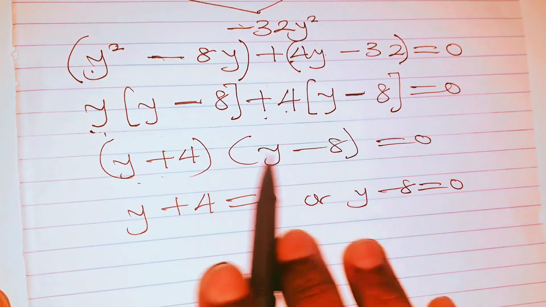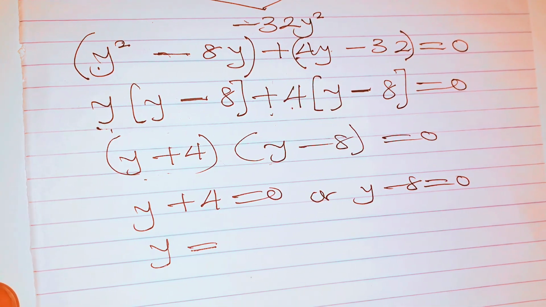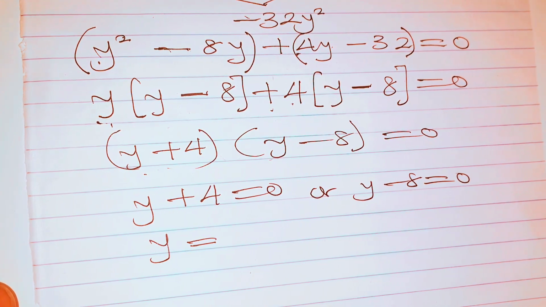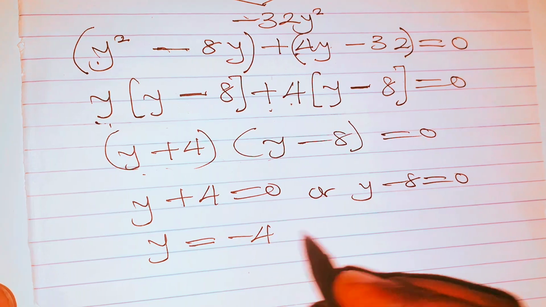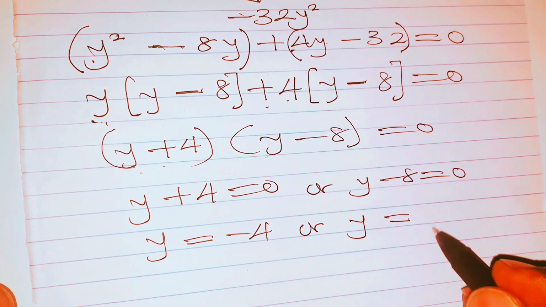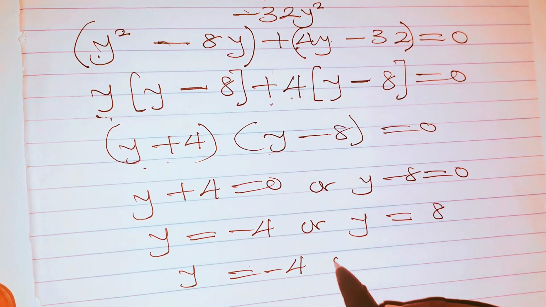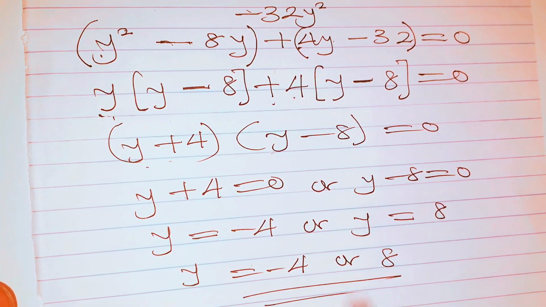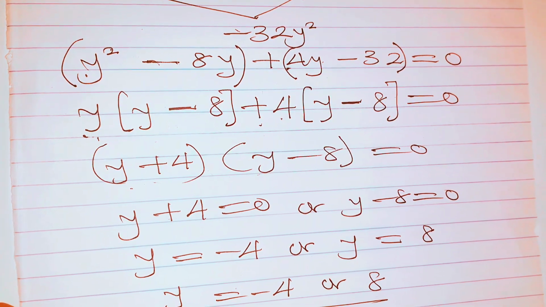And then we move plus 4 to the other side of the equality sign, and minus 8 to the other side of the equality sign. That becomes the set of roots or the set of answers for the quadratic equation. So plus 4 to this side becomes minus 4, or y equal to minus 8 to this side becomes positive 8. Therefore, our y equals minus 4 or 8. So these are the set of roots or answers to such quadratic equations when factorized.